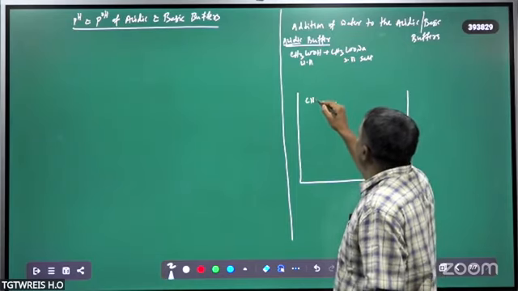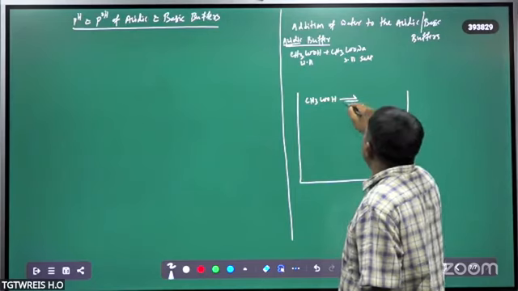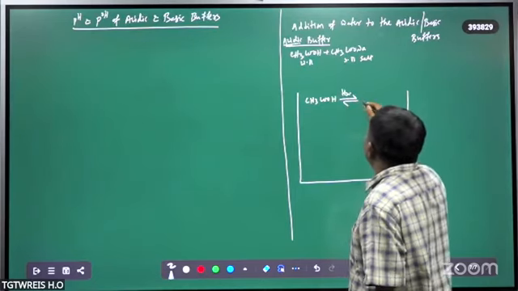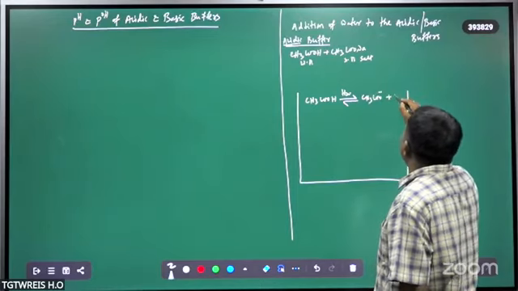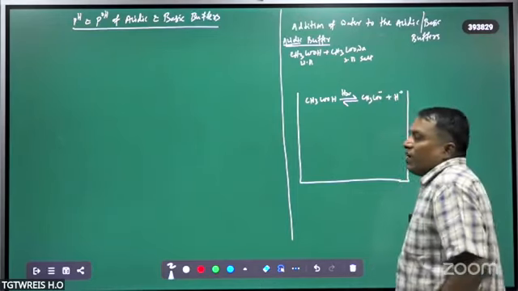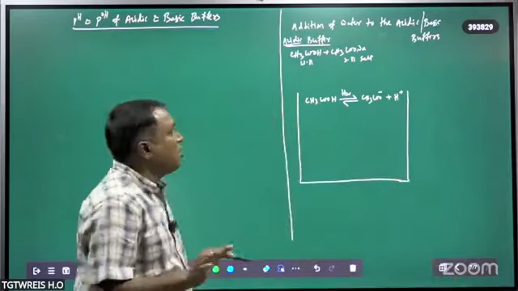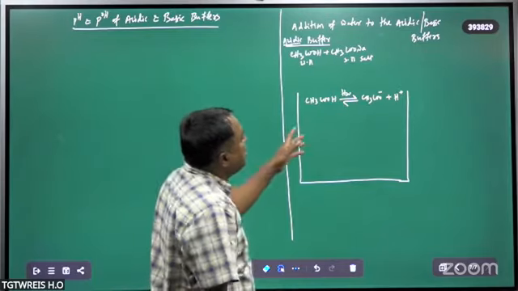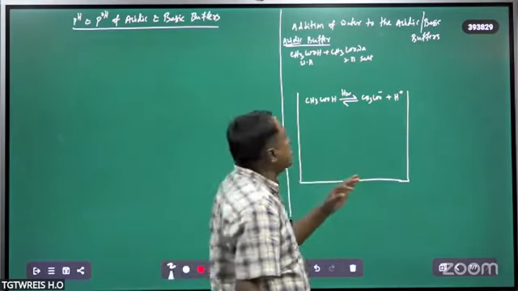CH3COOH, when dissolved in water, undergoes ionization, forming CH3COO minus and H plus.